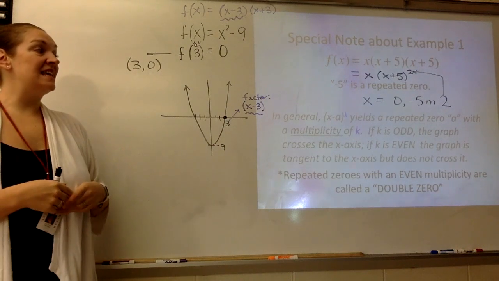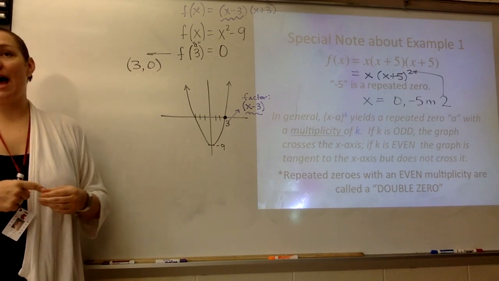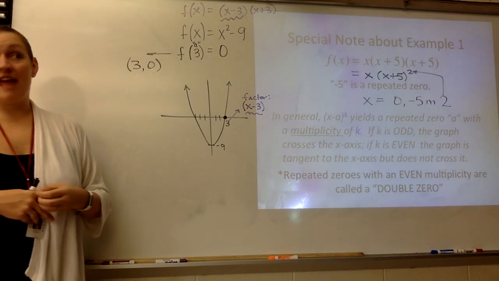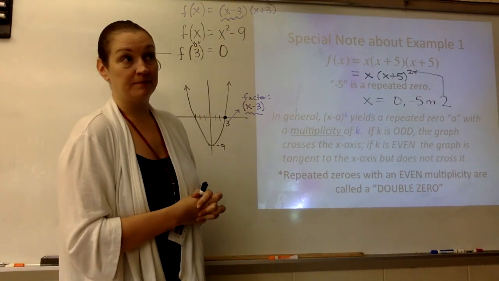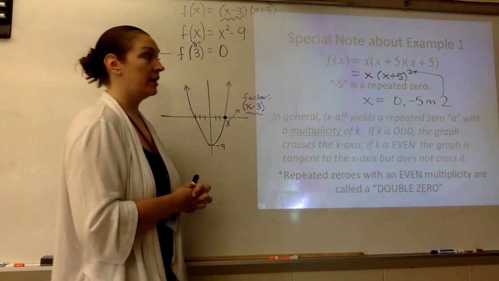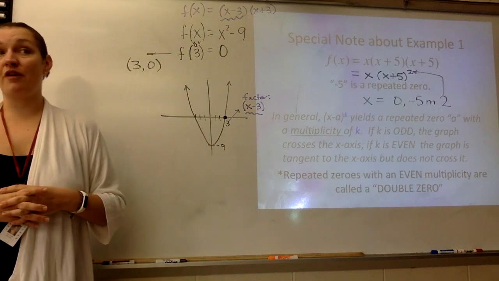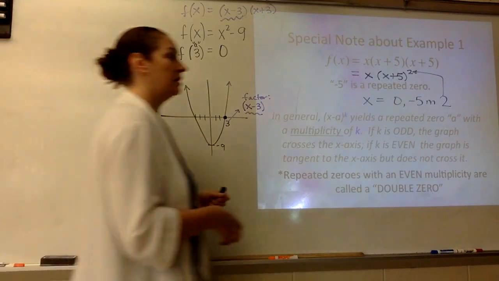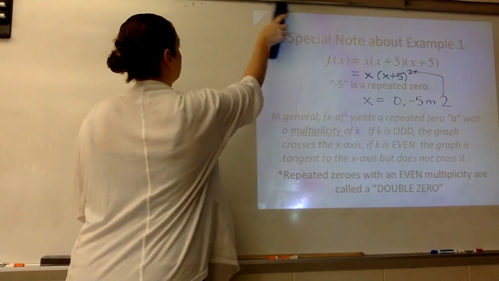If k is even, something's going to happen graphically. If k is odd, we're going to have something different happen. Now, this is the new connection to graphing that we're going to talk about here. Let me show you.